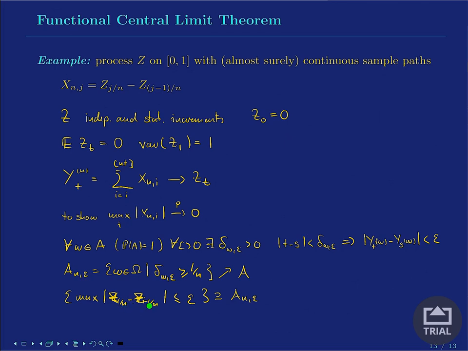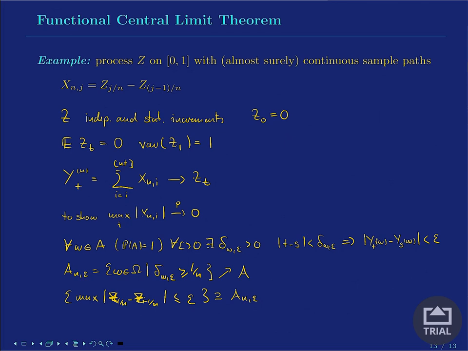Here we only look at particular time points given by the division of the interval [0, 1] into n equidistant periods. So this event is larger and implies that this must hold. Okay, so this is a smaller event and it has a smaller probability.